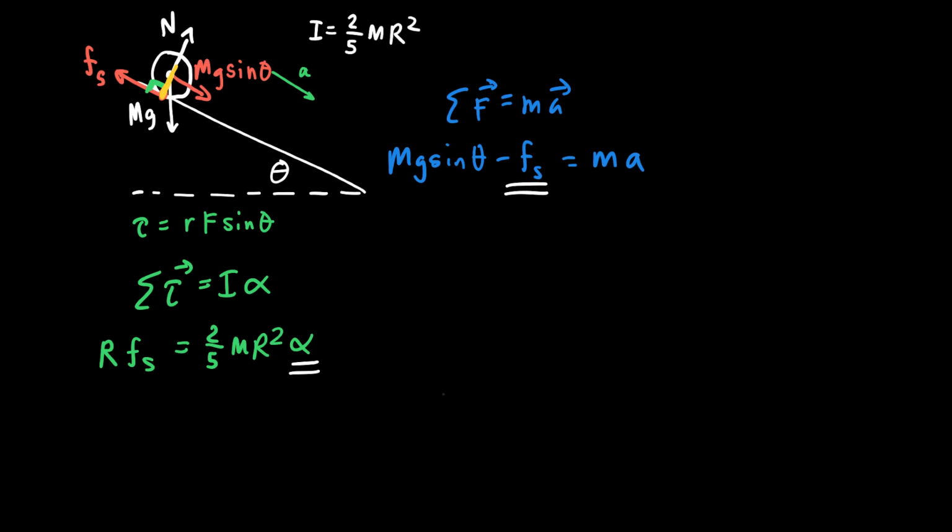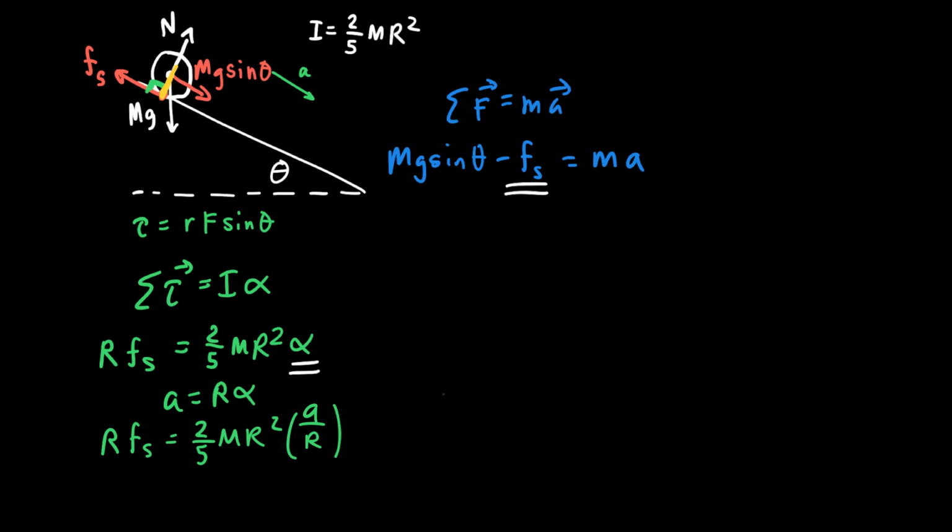The way that I'm going to get rid of that is by relating alpha into a, the linear acceleration. And those two variables are related in the following way, right? a equals R alpha. And so if I make this substitution, then I get R Fs equals 2/5 mR squared, and then substituting in for alpha, I can write a over R, a divided by R.